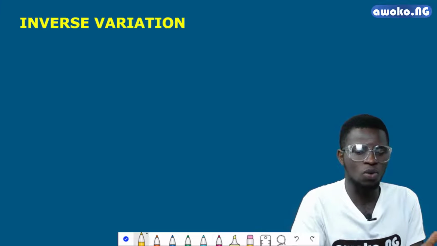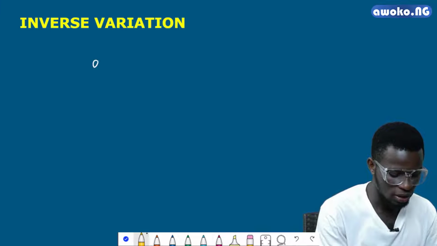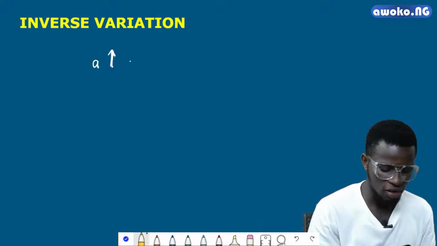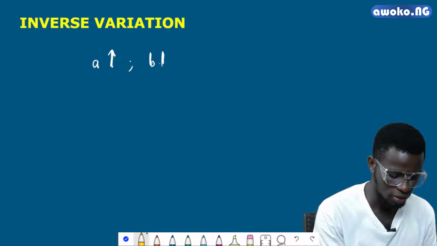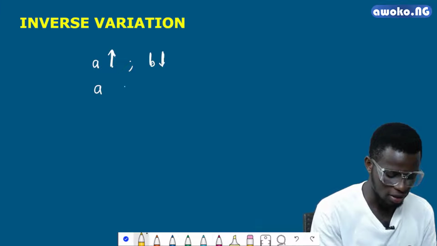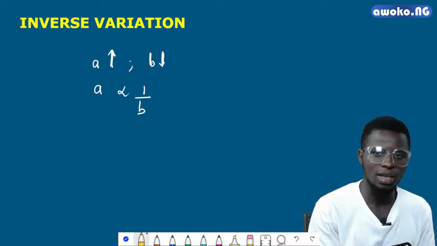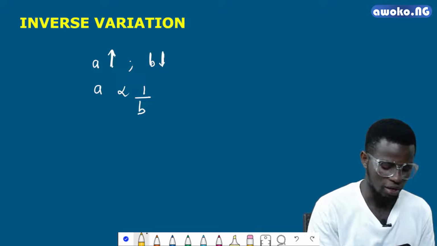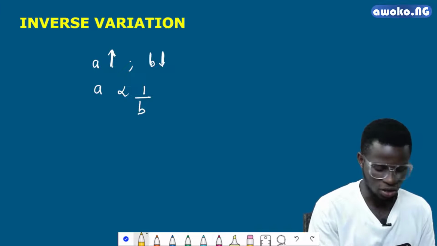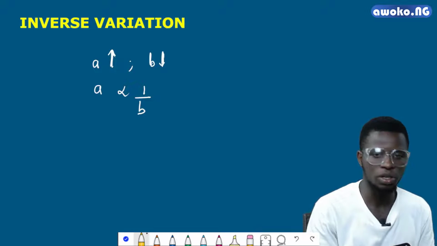If, as quantity A increases, we observe that quantity B decreases, then we say that A is inversely proportional to B. And this is how we denote the inverse proportionality expression.